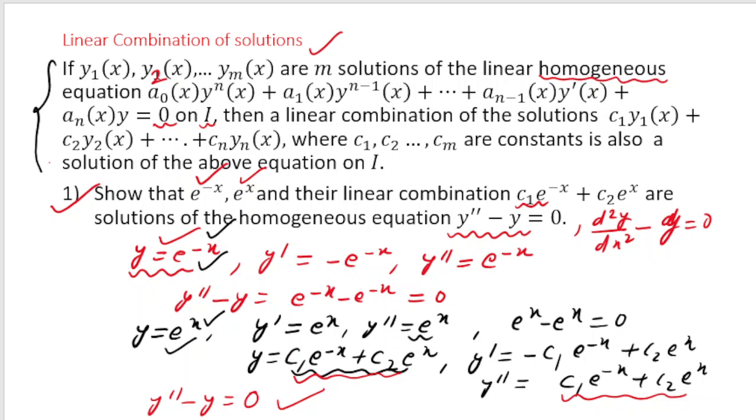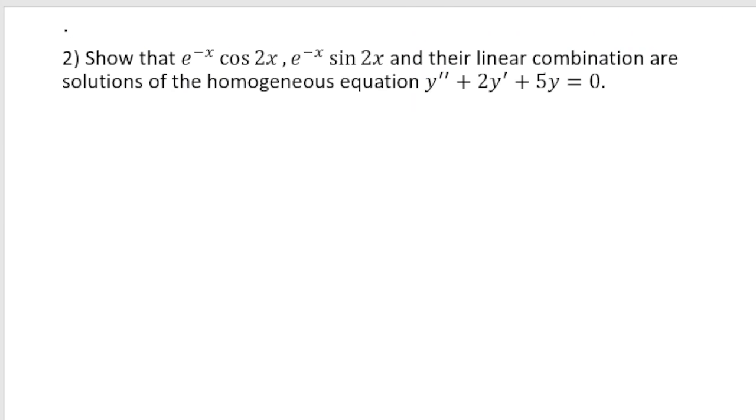And I hope you understand linear combination: suppose we have functions f1(x), f2(x) and f3(x), then if I write c1 f1(x) plus c2 f2(x) plus c3 f3(x), this is known as the linear combination of the functions f1(x), f2(x) and f3(x). You have studied linear combination in the previous unit also.